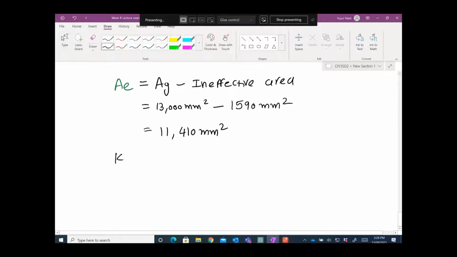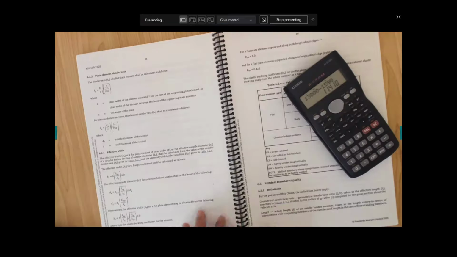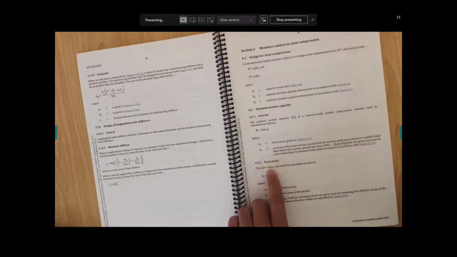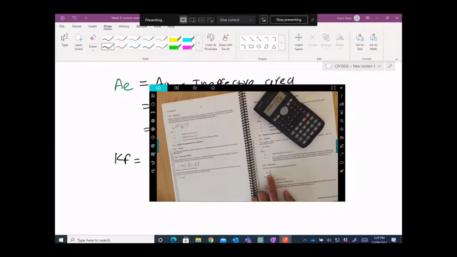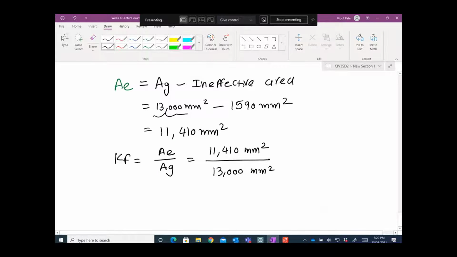Now, if I want to calculate KF, it is the effective area over the gross area: 11,410 millimeter square over the gross area of 13,000 millimeter square. That is your form factor. Where is that coming from? That is coming from your standard, clause 6.2.2, effective area over gross area. So if I plug that in, 11410 divided by 13,000, you get about 0.88.